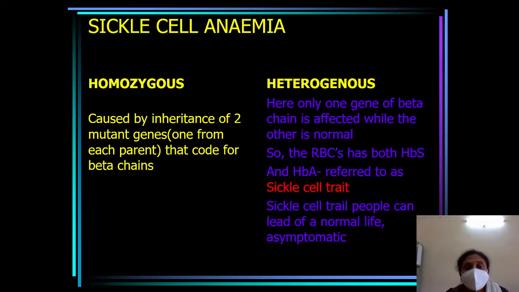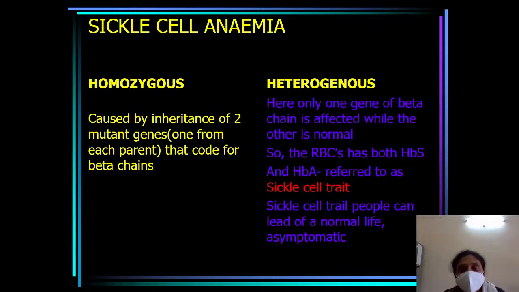Heterozygous means only one gene of the beta chain is affected while the other is normal. Two genes are mutated in homozygous; in heterozygous only one gene is mutated, the other one is normal.